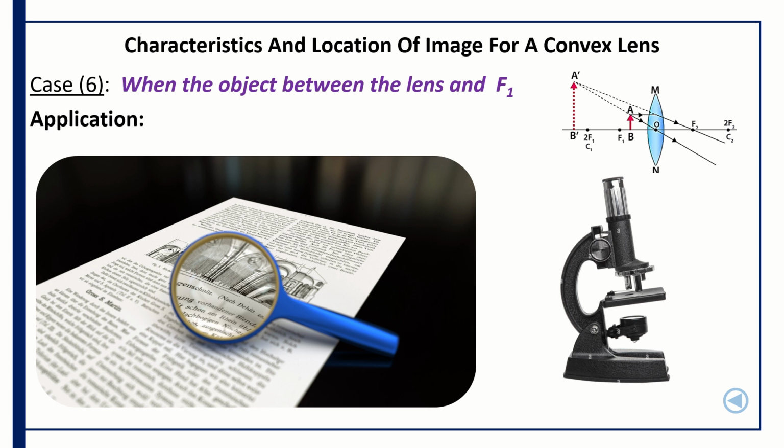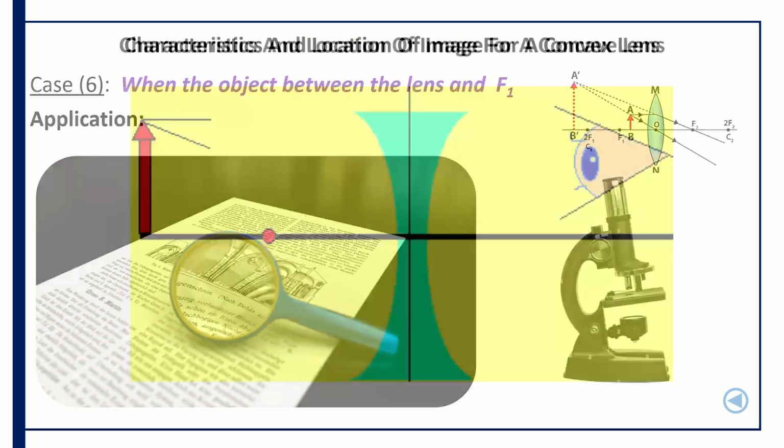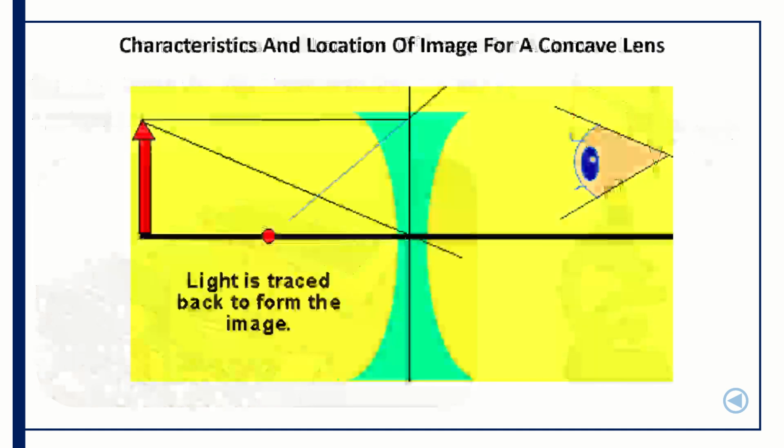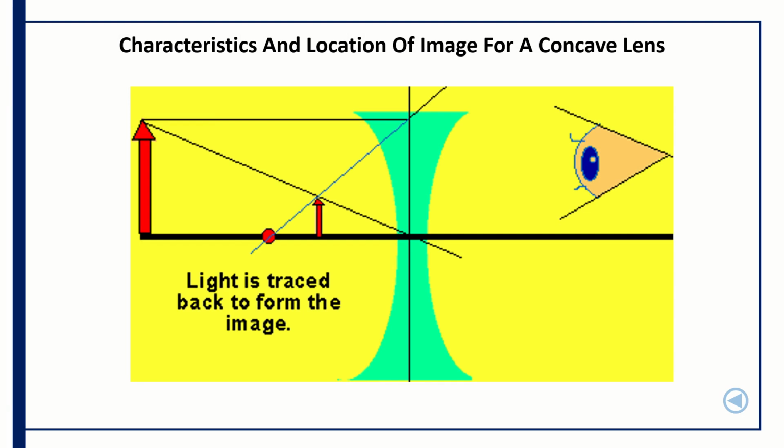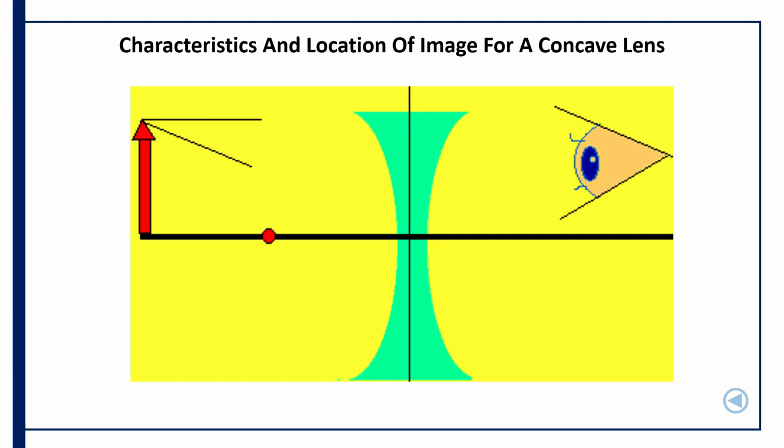We also use the magnifying convex lens in microscopes, where we are trying to enlarge the image size, right? So these are the different 6 cases where we kept the object at different distances from a convex lens, and we got different images and applications of keeping the object at different positions in case of a convex lens.